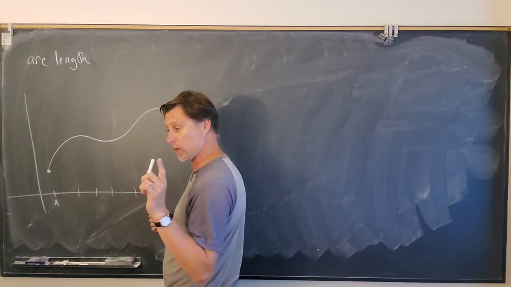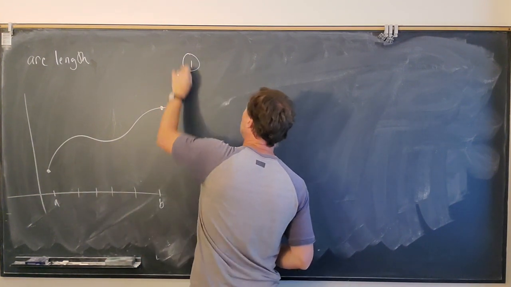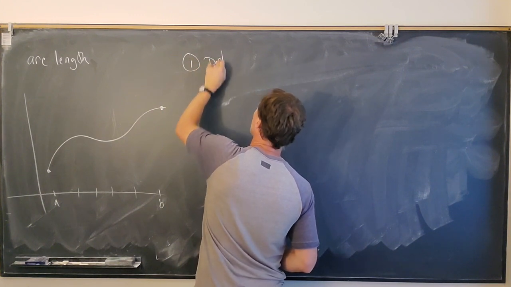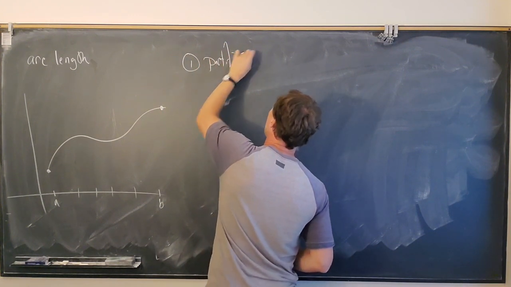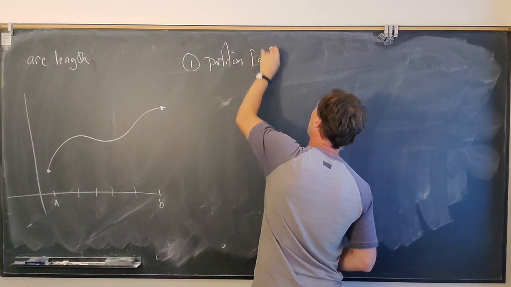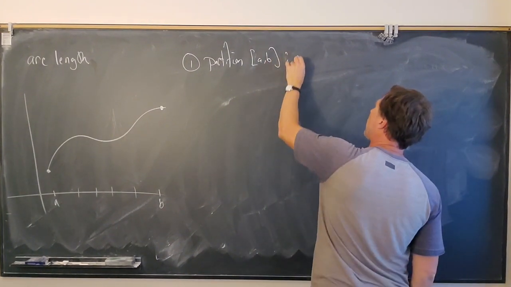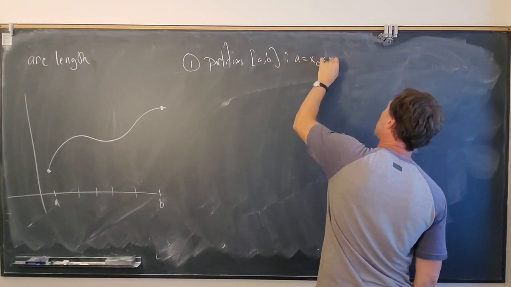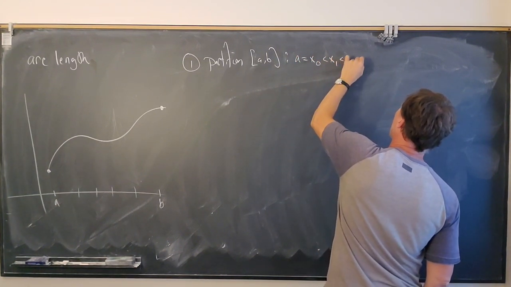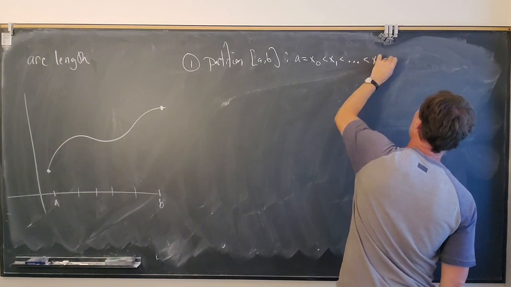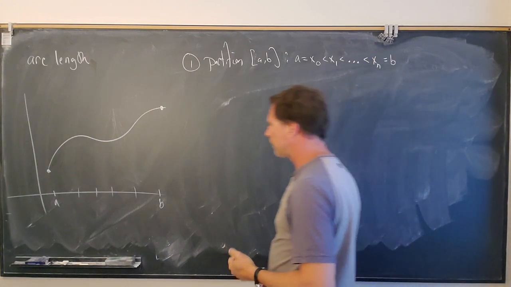That's our partition process. So step one, partition the interval from A to B, and so that will be A equals x0 less than x1 less than dot dot dot less than xn, which equals b. So chop the interval up into n pieces.